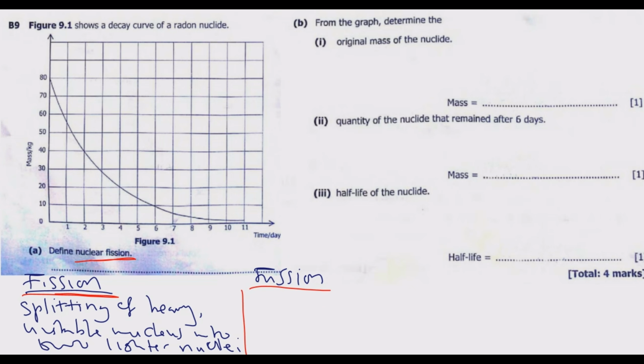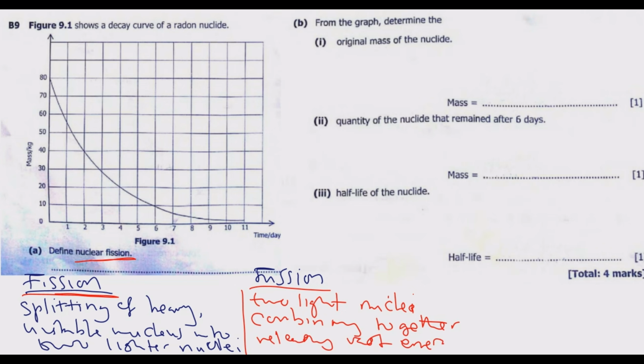So this nuclear fusion is the process of 2 light nuclei combining together. While they're combining together, they release vast energy.